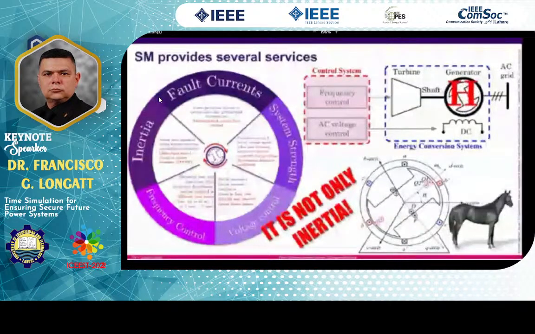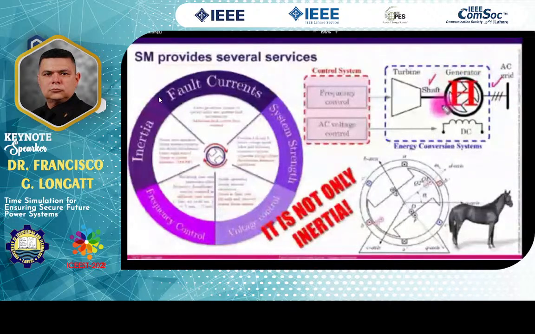It's an electromechanical conversion device. You apply mechanical power on one side, the shaft, and you get electricity on the other side. For that reason, it receives the name of electromechanical conversion. And all the conversion is happening inside the rotating machine, basically using properties of electromagnetism.